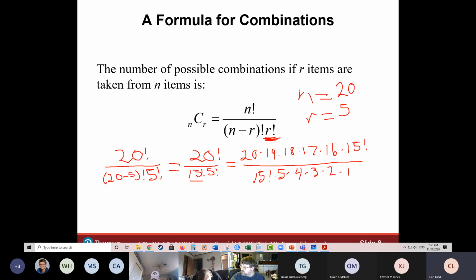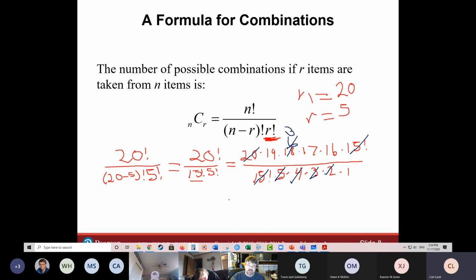Now we can do lots of canceling. 15 factorial cancels with 15 factorial. 5 times 4 are 20. 3 goes into 18 6 times, because 3 times 6 is 18. And 2 goes into 6 3 times. So we should have 19 times 3 times 17 times 16.